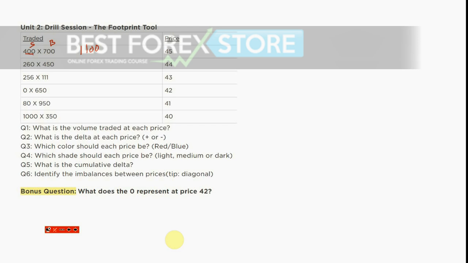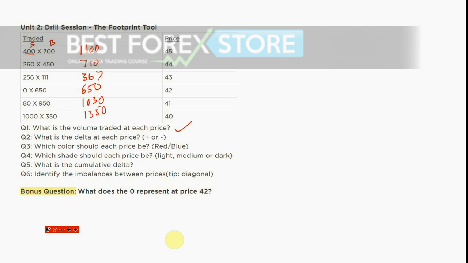In the second example, it's very simply 710 contracts. We then have 367 contracts, then 650, then 1,030, and lastly 1,350. Nice and straightforward.